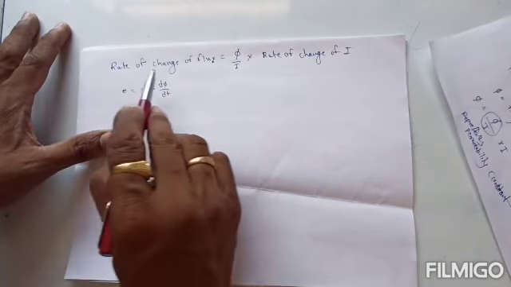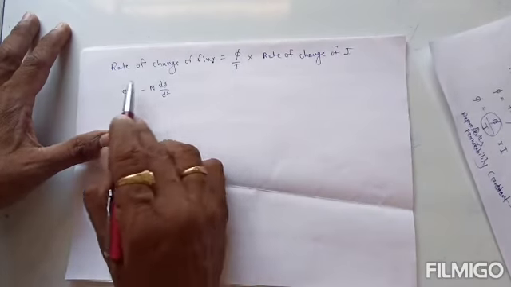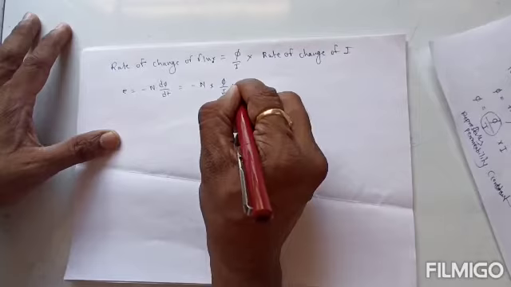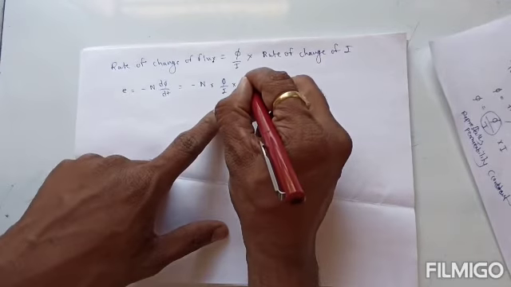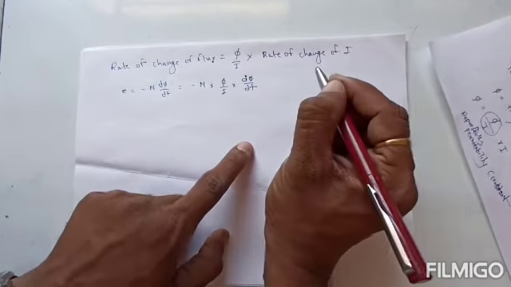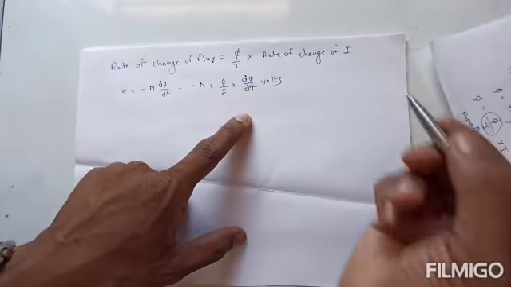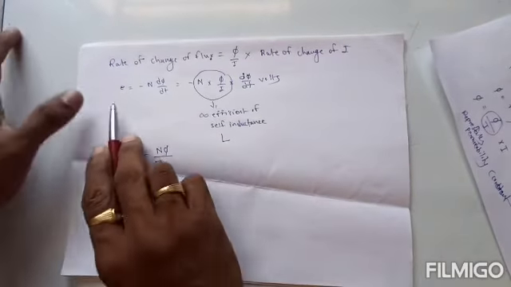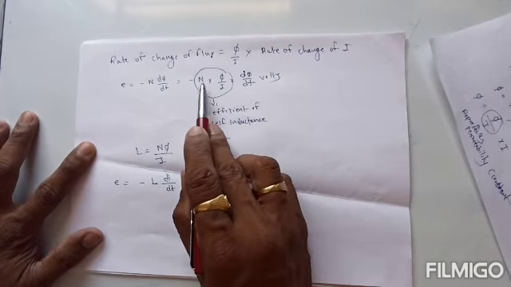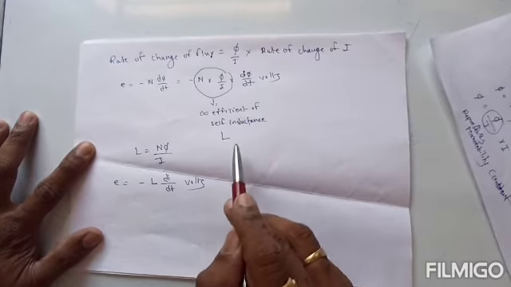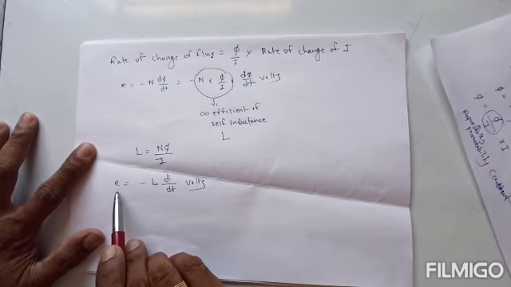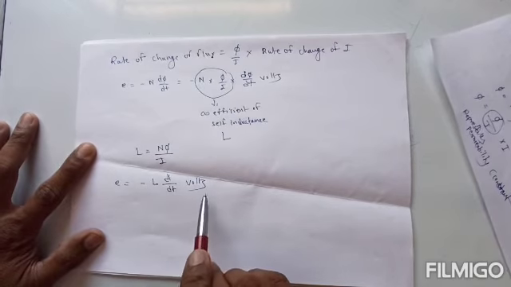So by putting this value in the equation, E is equal to minus n into phi by I into di by dt in volts. So E is equal to minus n d phi by dt. Here n phi by I is known as the coefficient of self inductance and denoted by L, so L is equal to n phi by I, and the final equation of EMF is equal to minus L di by dt in volts.